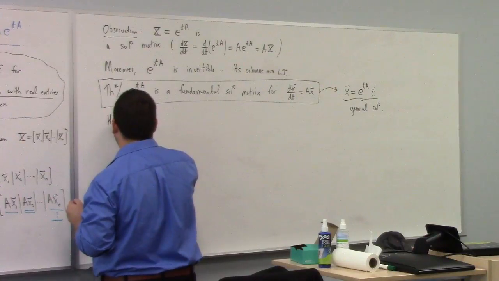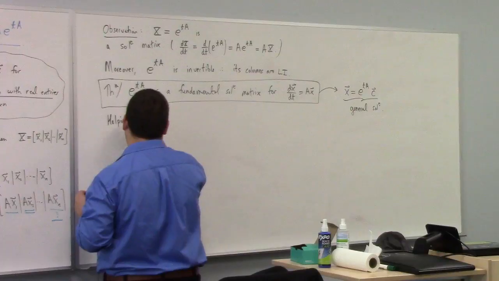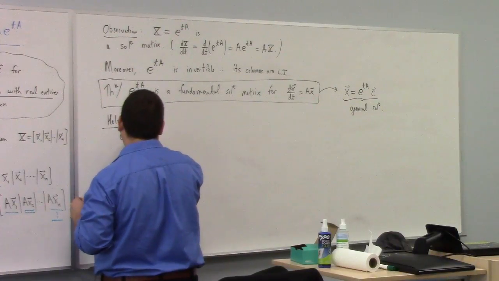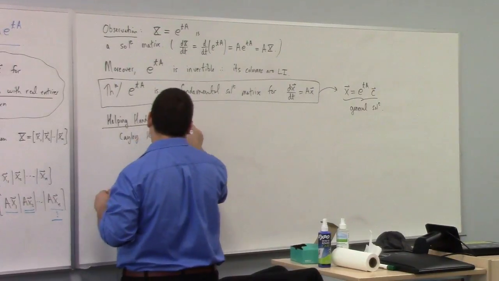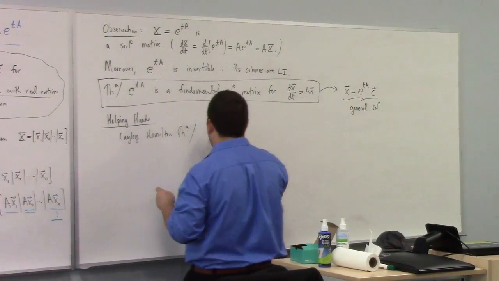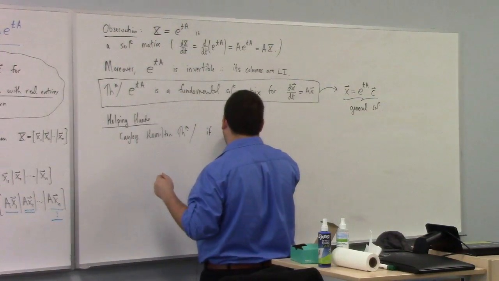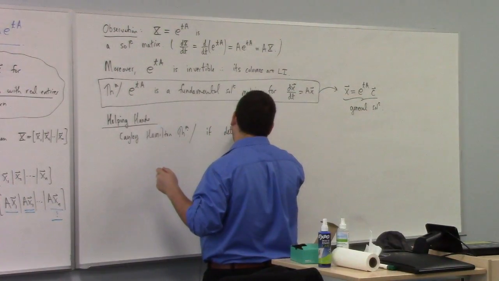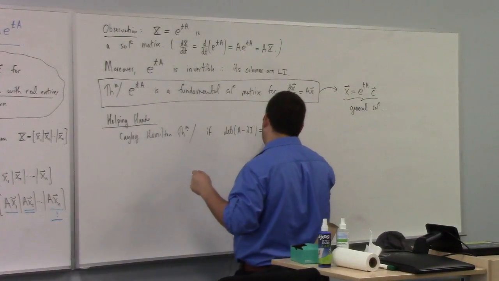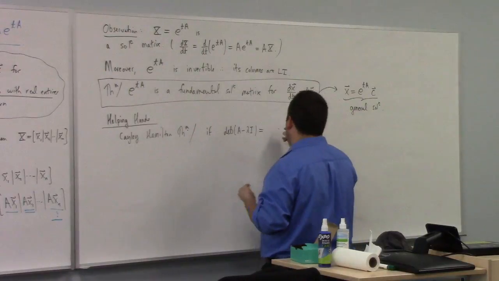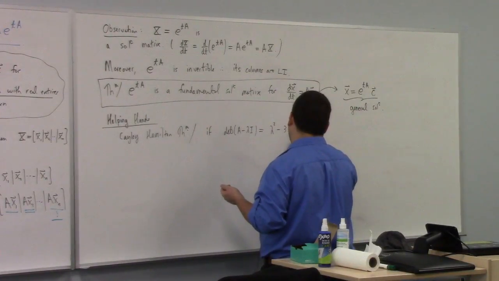But there are some things that help you. Helping hands, let's say. There's something called the Cayley-Hamilton theorem. What does the Cayley-Hamilton theorem say? It says that, suppose the determinant of A minus lambda I worked out to, whatever, lambda squared minus 3 lambda plus 4.